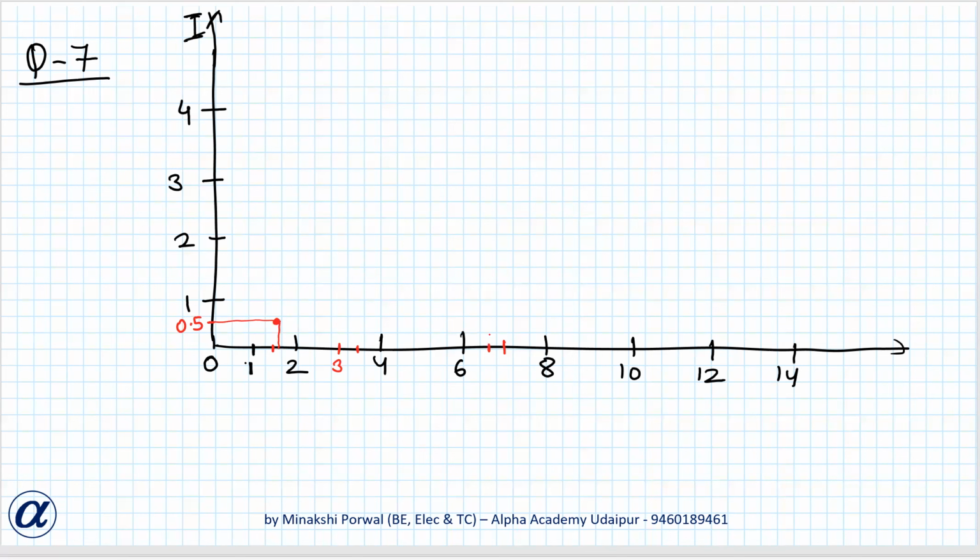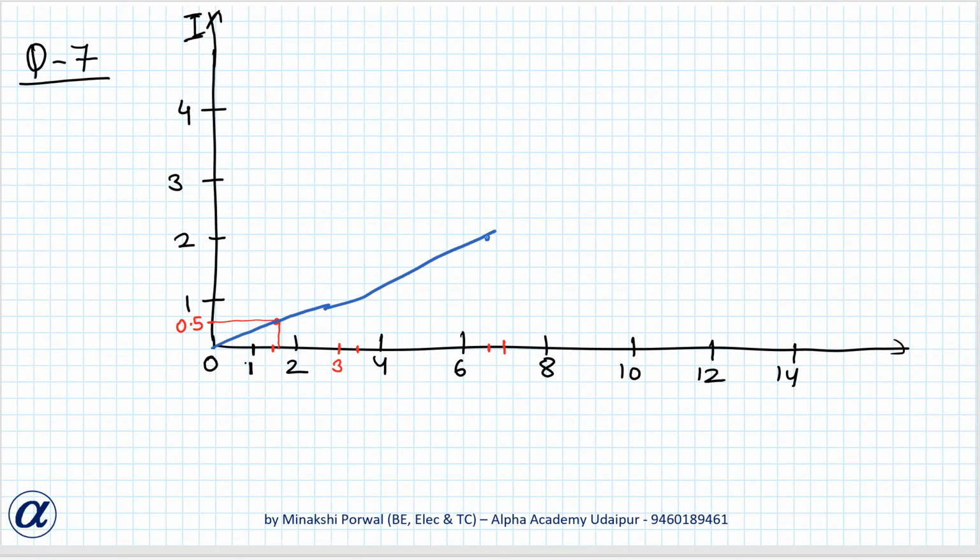Its value is 2. This way we'll join the graph.